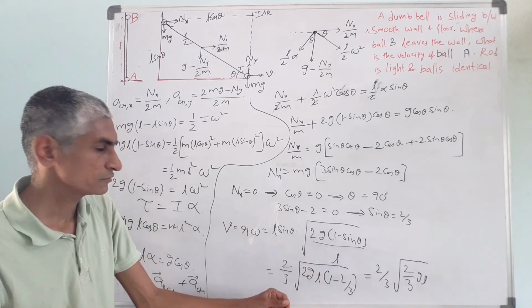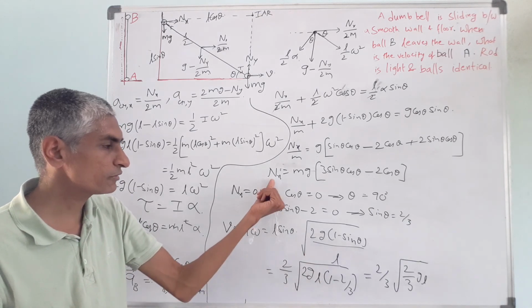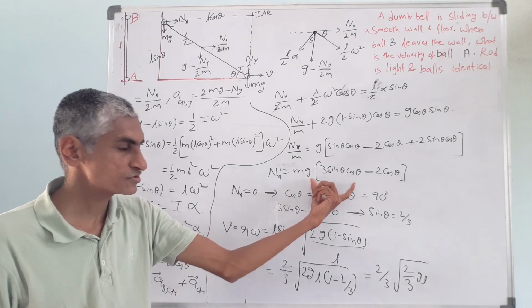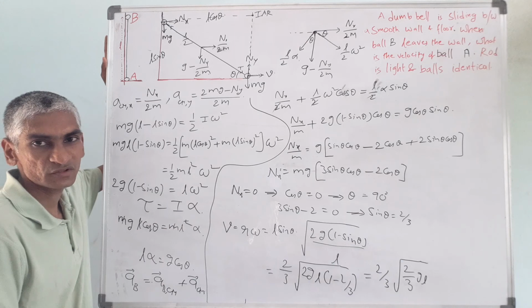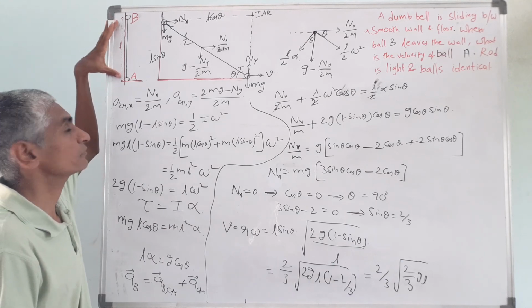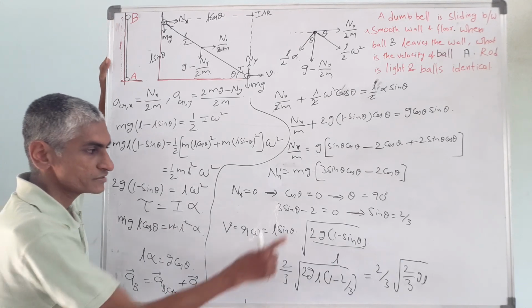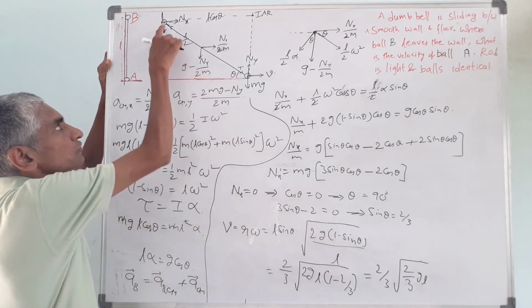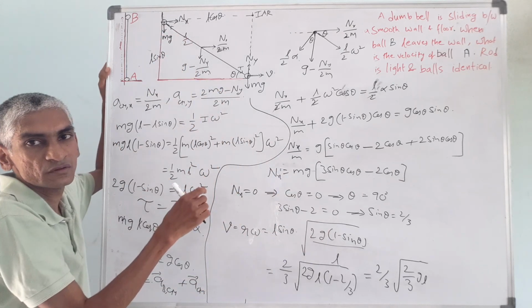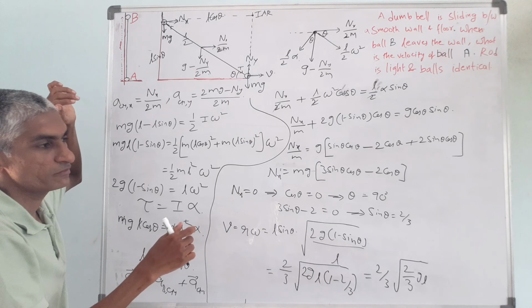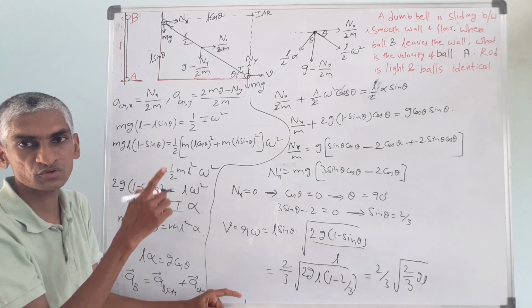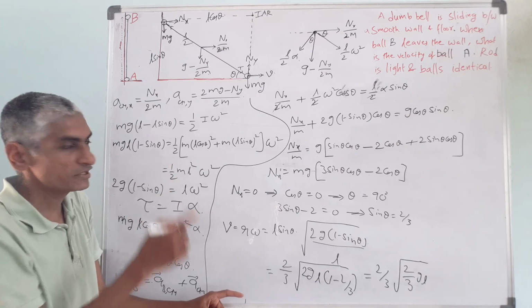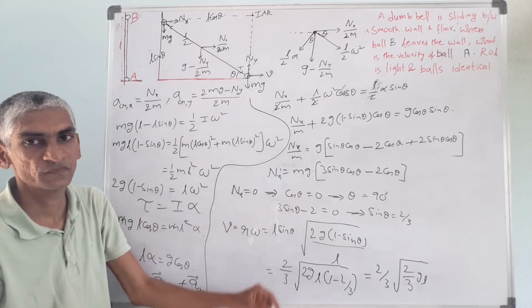You see here, we have found normal force Nx as a function of the angle itself. How is normal force varying? We can sense it easily. Initially normal force is 0. At sin theta equal to 2 by 3 also normal force is 0, Nx value. So from 0 to 0 it is moving, meaning normal force must have increased from 0 to some maximum value in between and then decreased to 0 finally.